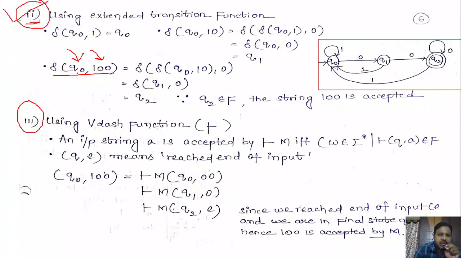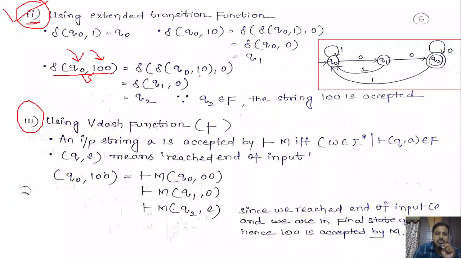First we perform the state transition from q naught on the input symbol. How do we write it? Delta of q naught comma 1, or delta of q naught comma 10. If you want to split it, you can split it individually or into two parts.